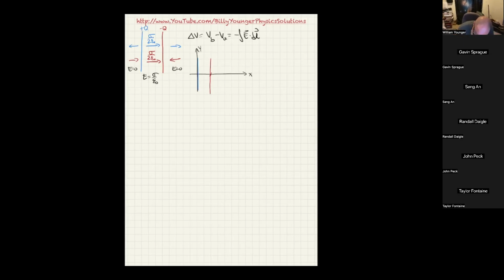This negative plate is at a distance d, but that corresponds to position A, and this corresponds to position B. So I'm actually integrating from right to left. So this is going to be negative integral. My electric field is going to be sigma over epsilon naught i hat. And then my dL, I'm going to use it to indicate the direction. So I'm going to say negative dx i hat. So that indicates direction.